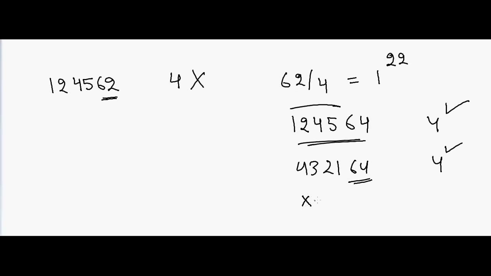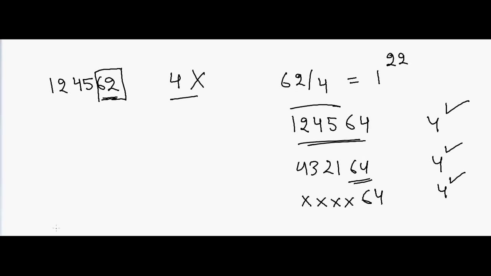Or I can write anything, x x x x and 64, then this number should also be divisible by 4. So I have to look at the last 2 digits to check if the number is divisible by 4 or not. In this case it is not.